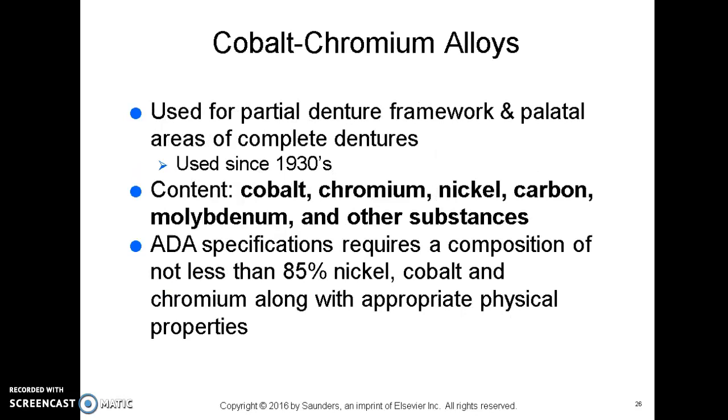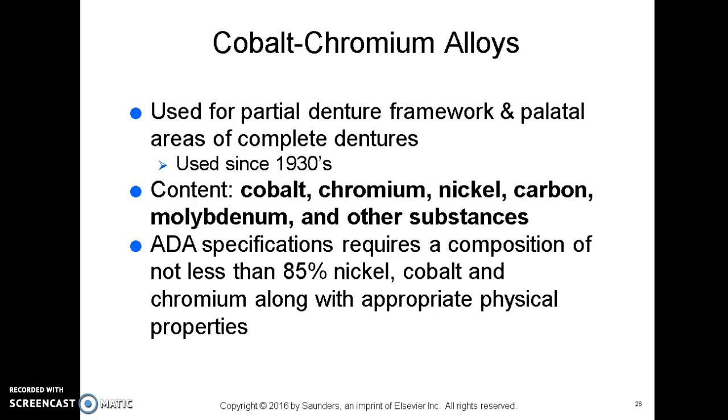Next, we're talking about cobalt chromium alloys. These are used for partial denture frameworks and palatal areas in complete dentures. So if the patient requires, because of gag reflexes or other conditions, a metal palate on their denture, they can be made out of this cobalt chromium alloy.